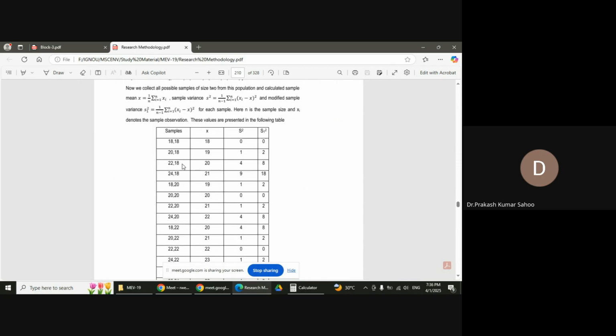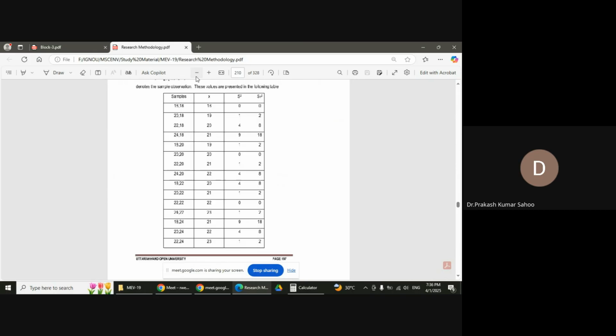Then we have the samples, the two sets of data. This is the first one, this is the second one. Just see here, 18 and 18, the mean is 18; 20 and 18, 19; 22 and 18, 20; 24 and 18, 21. These are the means. Then we have s square.